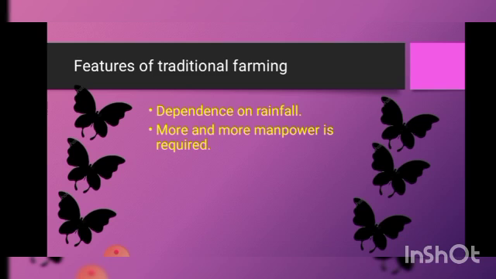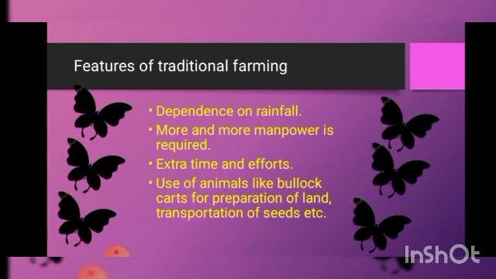Everyone in the farmer's family used to get involved in farming. Extra time and effort was needed, as we had seen in the video. Animals like bullock carts were used for preparation of land, transportation of seeds, etc. And the output they got from that was very less.